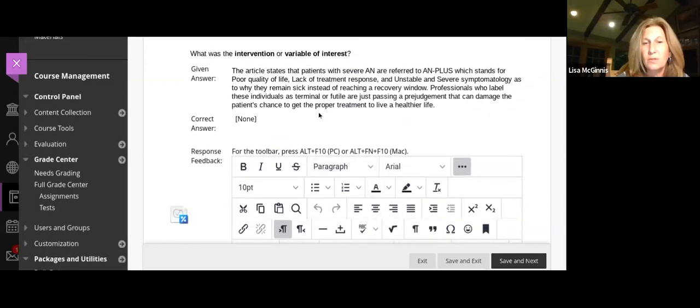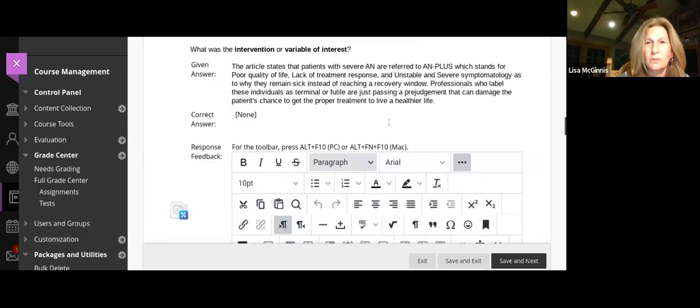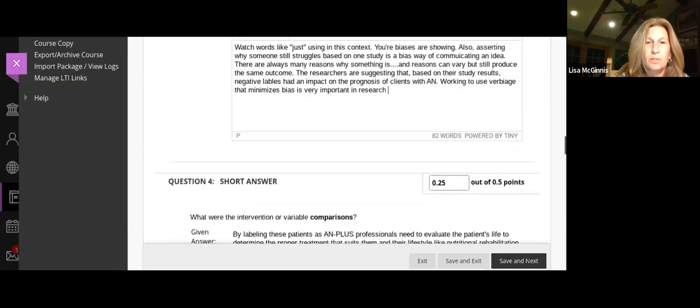So the variable of interest, or the area of interest, is that patients are referred to as AN plus, and that has a negative impact on the prognosis of clients with anorexia nervosa. So there was some extraneous information here. And then also, again, you want to watch the use of words like "just," even words that signify lower, higher, better. Those types of words are things we want to stay away from when we're looking at research.